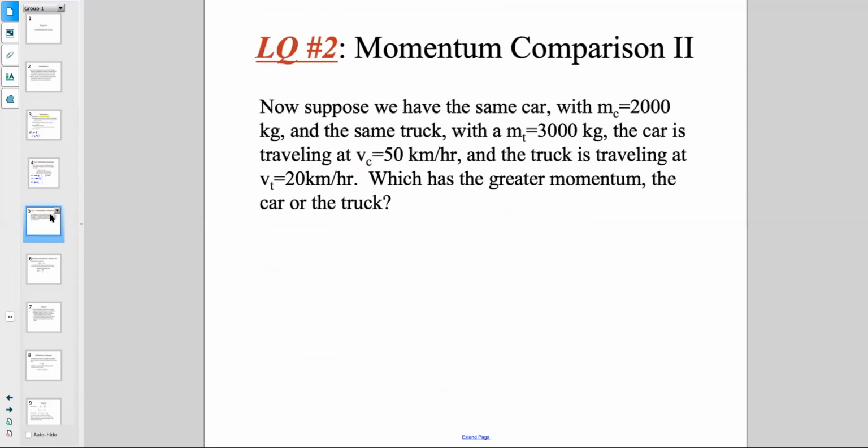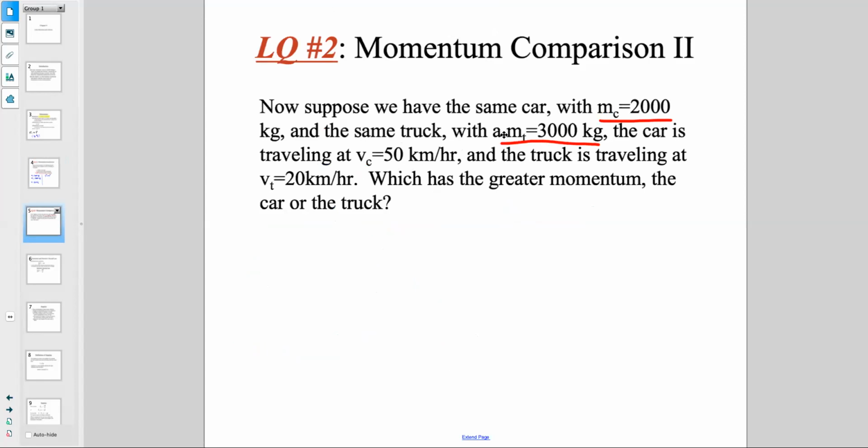Let's do another comparison. Suppose you have the same car with 2,000 kilograms and the same truck with 3,000 kilograms for their masses, with the car traveling at v of c of 50 kilometers per hour. Again, I am doing a comparison.